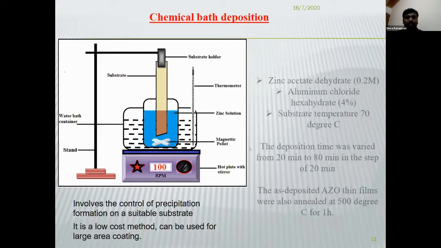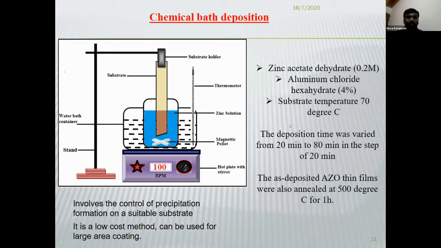So these are the parameters for preparing chemical bath deposited thin films: ZnO, aluminum doped ZnO thin film, and this one is the as-deposited thin film. Here, I changed the deposition time for making four thin films, and the as-deposited thin film was finally annealed at around 500 degrees Celsius for 1 hour.